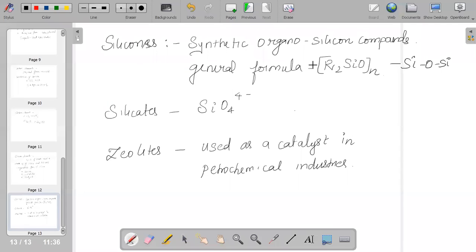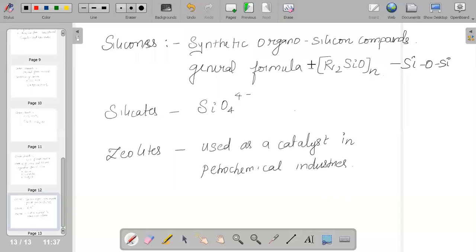The method used for preparing silicones is that methyl chloride reacts with silicon in the presence of copper at a temperature of 573 Kelvin. As a result, we get different types of methyl-substituted chlorosilanes.